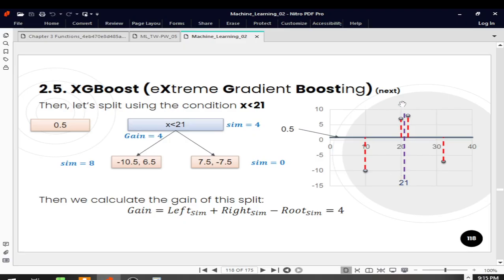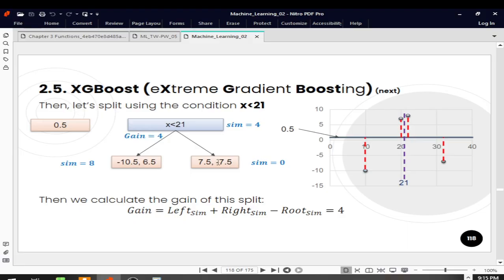Now we moved our separation line here. Now as you can see, the residuals are divided into two. As I told you, we are not picking the data, we are picking the residuals. That was a 7, now it's a 6.5. That was a minus 10, now it's a minus 10.5, and so on. We will calculate the similarity from here and the similarity from this side.